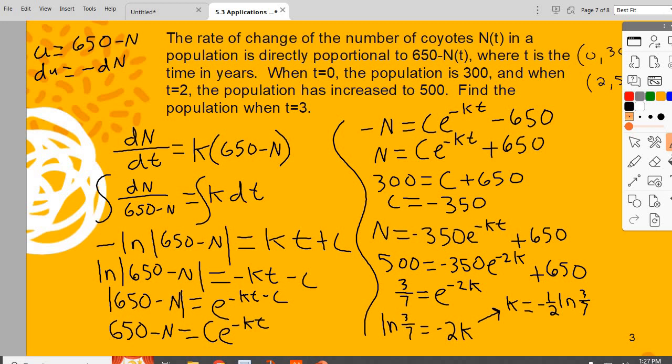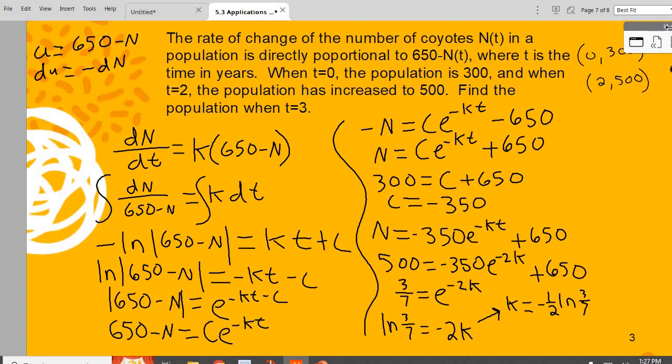So notice here, we already have a negative in our K, but we have a negative, which makes it positive. So that's why we wanted our K to be negative, because we already had a negative.